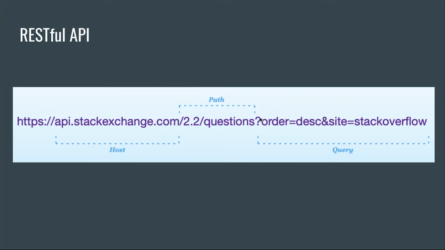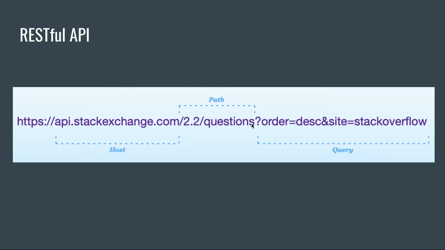Path over here, the /2.2 or /questions. So this path represents the different endpoints where you actually query the server. For example, in this case, this path may be actually querying the server for a list of questions. The 2.2 could be a version number.